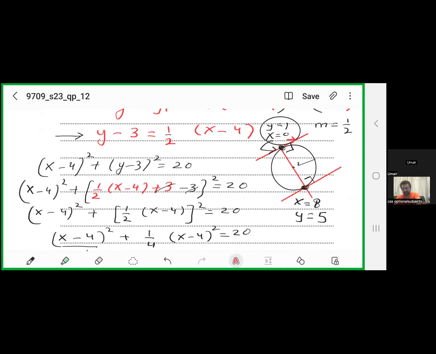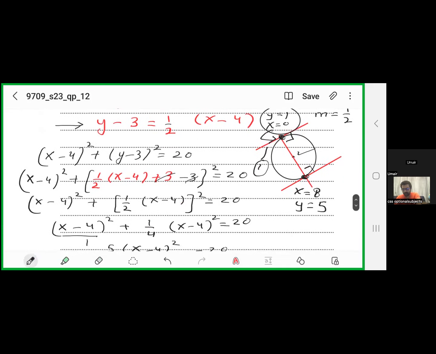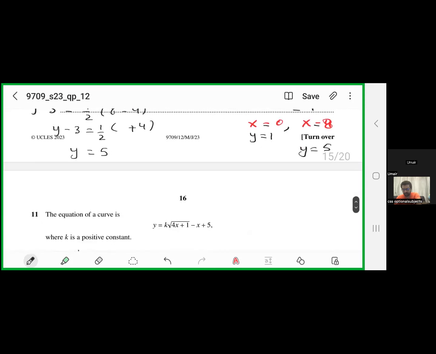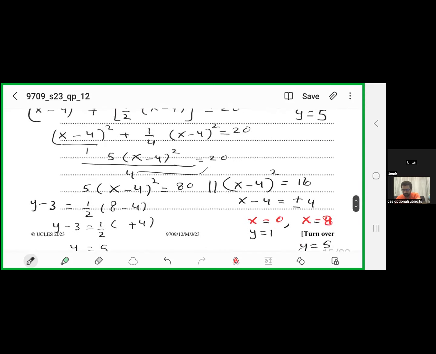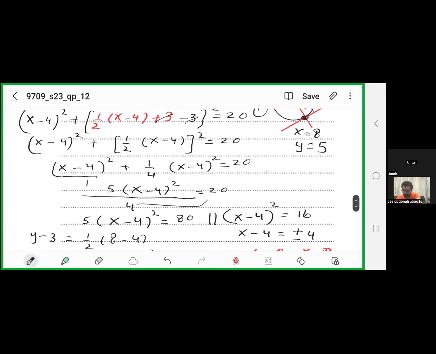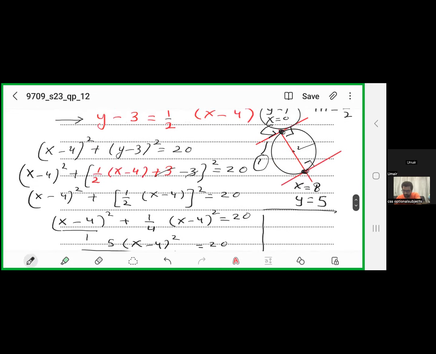Now I'm going to find the equation of this tangent. Let us call this tangent 1. We know the point from where the tangent is passing. Because the space is less, I'm working over here. We know the slope of this diameter.